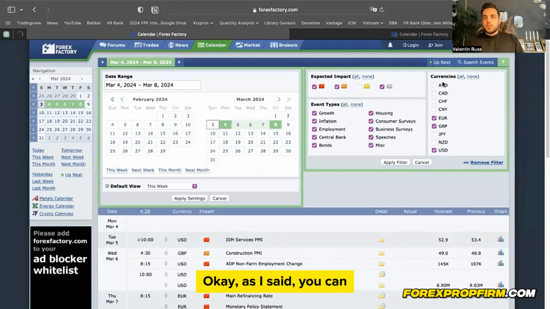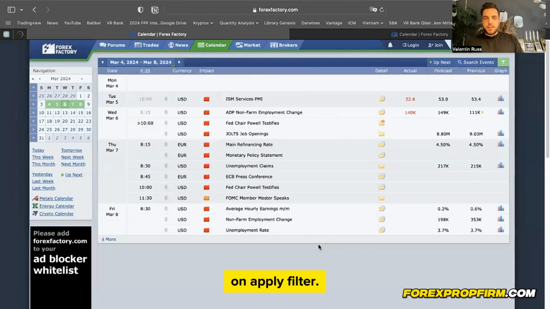As I said, you can decide which currencies are going to show up on your display. For me, it's Euro, GBP sometimes, but most of the time I really don't use it. After you've clicked on all the ones you're going to use, you can click on apply filter, and then it shows up when and at which time you have the news releases.